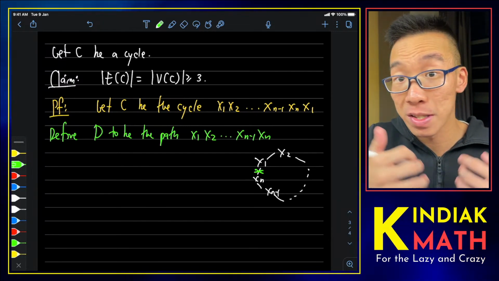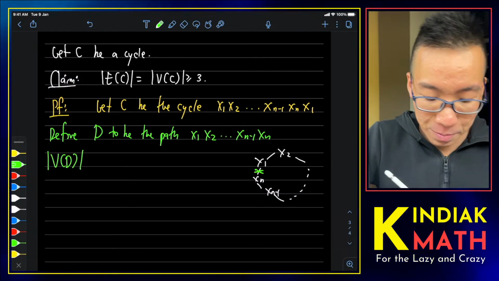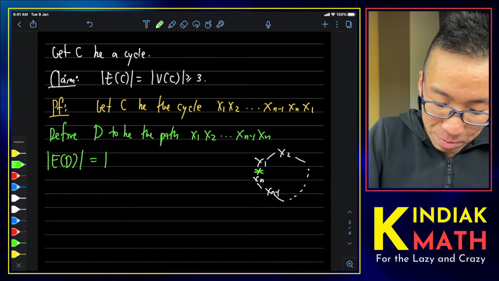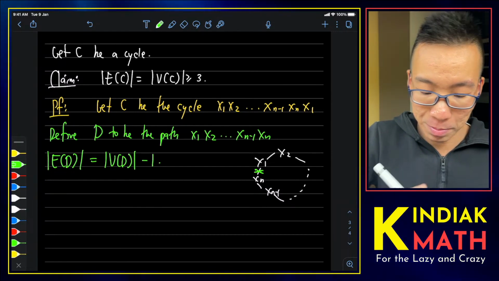Right? Well, since it's a path, we know the number of edges in D is the number of vertices in D minus 1.